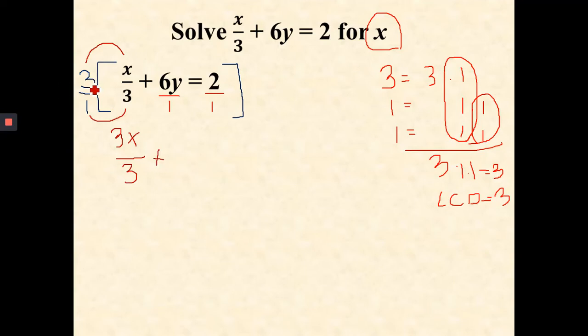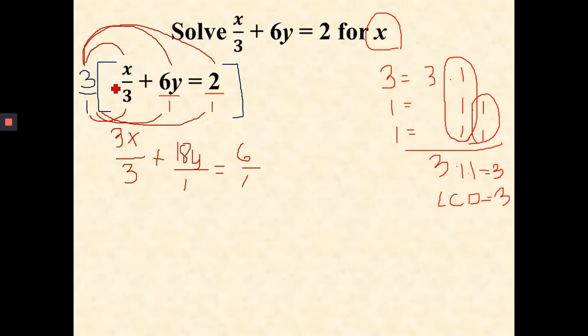Plus, because positive times positive is positive, 3 times 6, that is 18y, 6y, I should say. Then 1 times 1, that is 1, is equal to 3 times 2, that is 6, over 1 times 1, that is 1. Okay? We just apply the distributive property of multiplication.